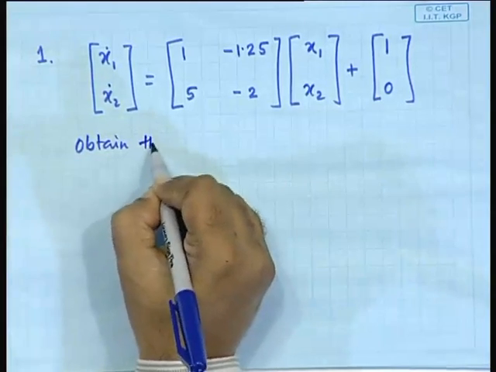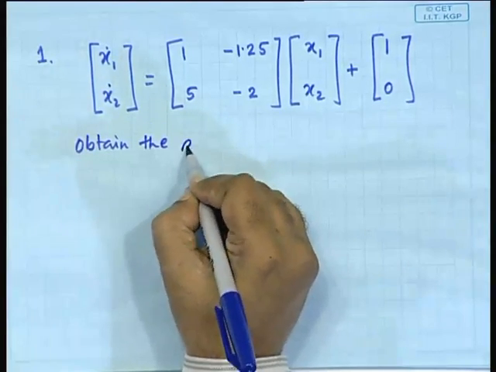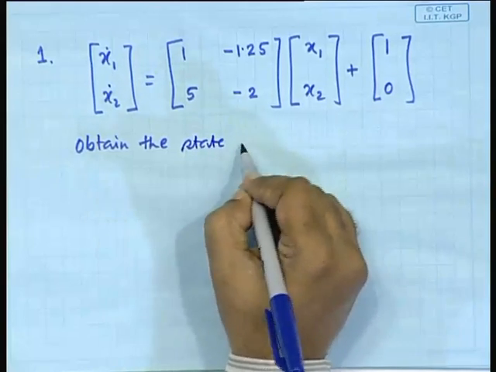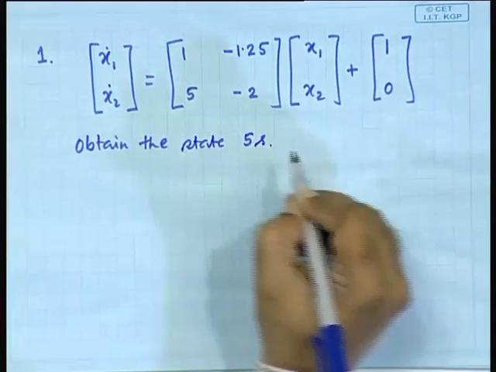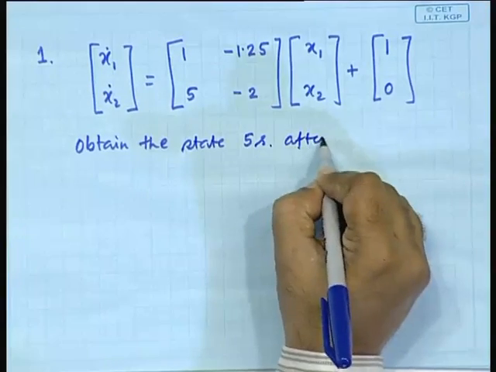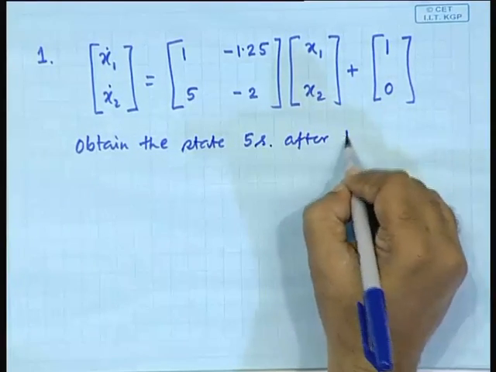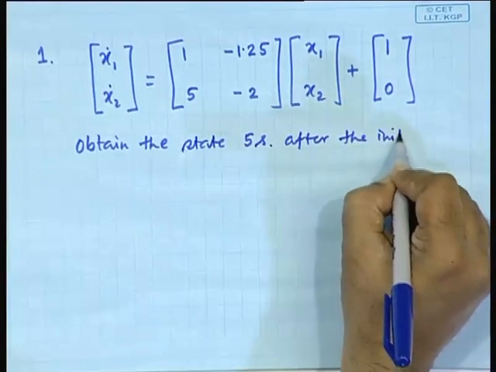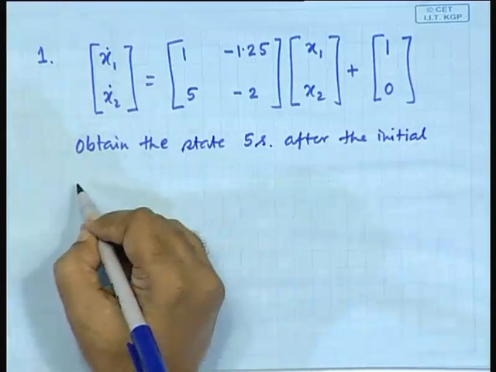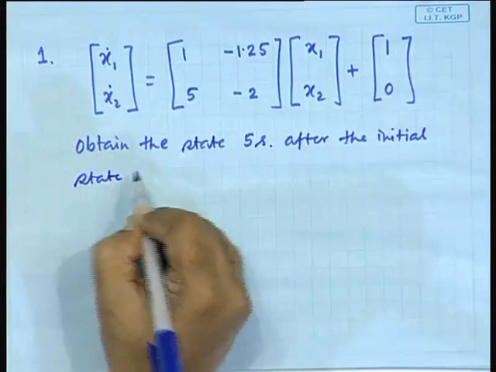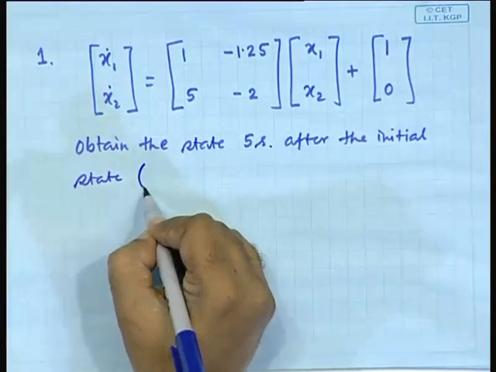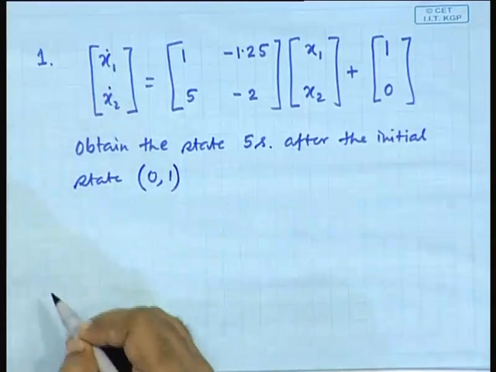Obtain the state 5 seconds after the initial state; let the initial state be 0, 1, not 0, 0.